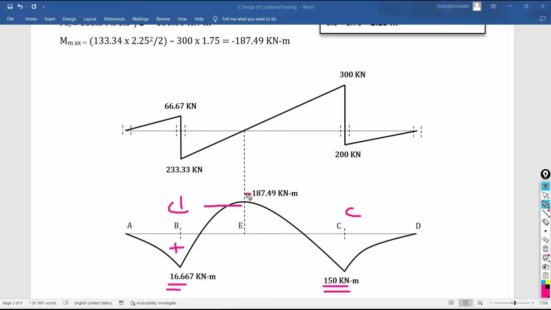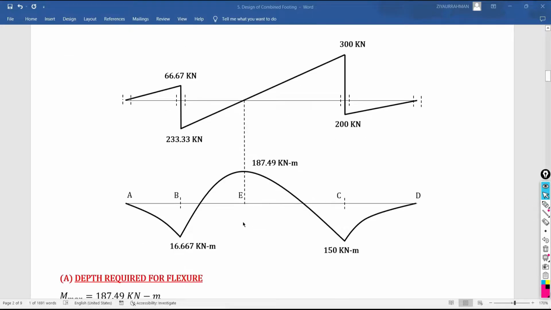Below this line it is positive, and above this line it is negative. The negative value of the bending moment is 187.49 kilonewton meter. Here we have to find out how much effective depth is required to resist this deformation of your footing.